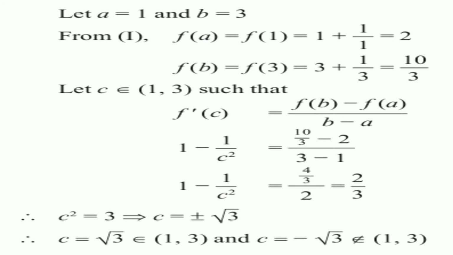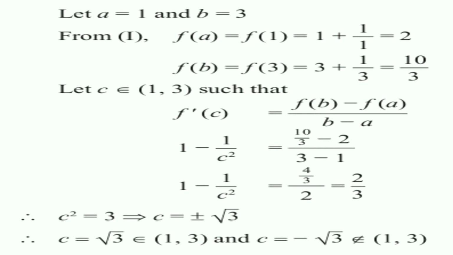to 10 upon 3. Let c belong to the open interval (1, 3) such that f'(c) equals f(b) minus f(a) divided by b minus a. 1 minus 1 upon c square equals 10 upon 3 minus 2 upon 3 minus 1.